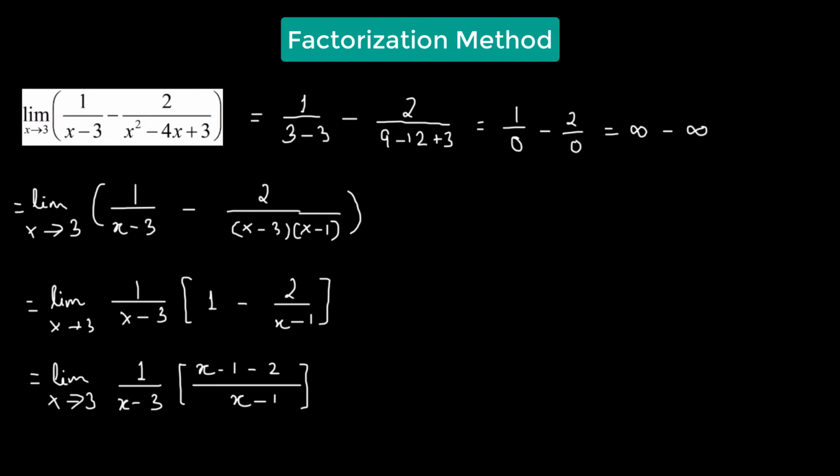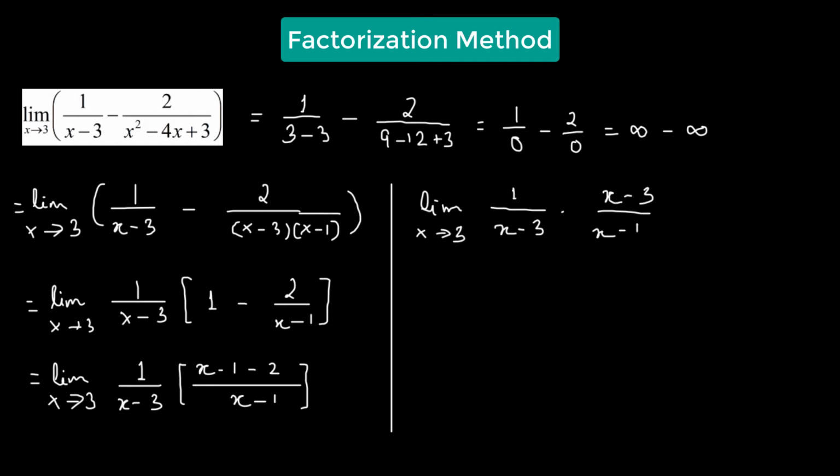So we have limit x going to 3, 1 over x minus 3 times x minus 3 over x minus 1. Now when we substitute the value of x, so that will give us an indeterminate form of 0 over 0.